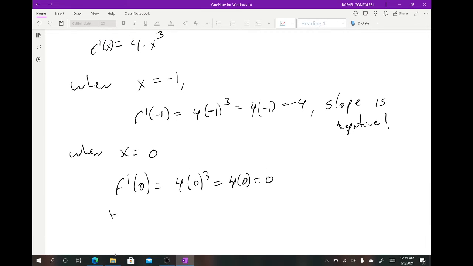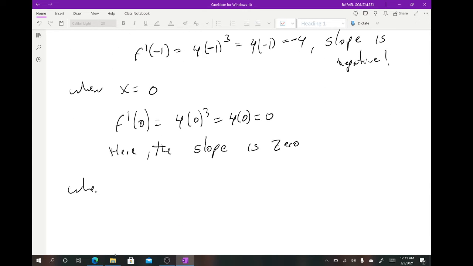So here, the slope is 0. And finally, when x equals 1, we have f prime of 1 equals 4 times 1 cubed, which equals 4 times 1, which is 4. So here the slope is positive.